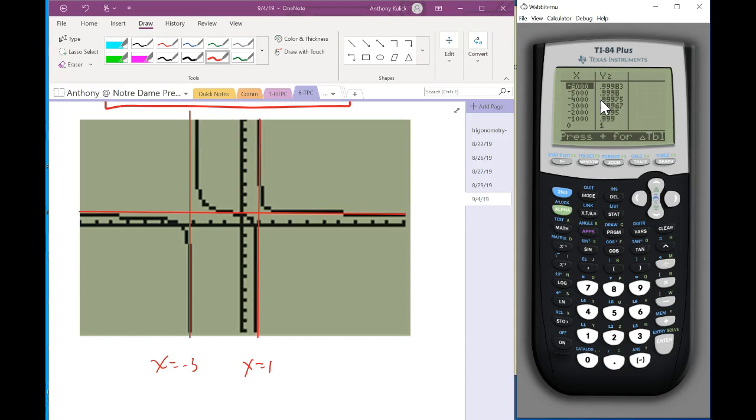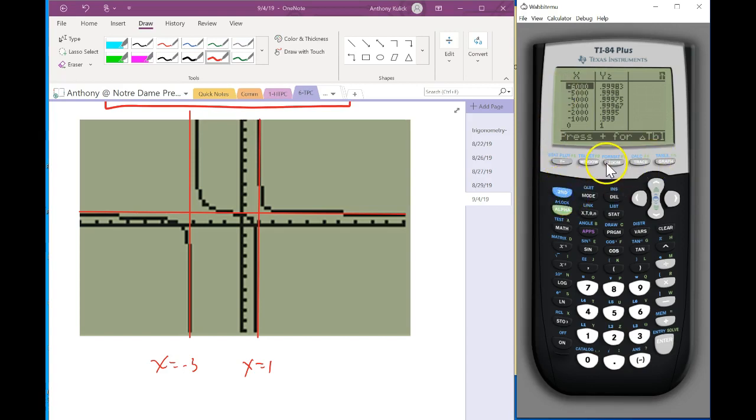Or if you picked -500, that's probably fine. If you pick -5, not really appropriate. It just needs to be reasonably big. And when I say big, I really mean small. Like -1,000 is a small number. So that's us checking the left end. If you copied this table in, I would consider that reasonable justification.